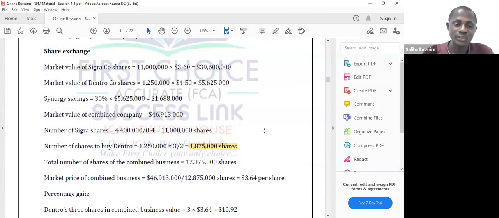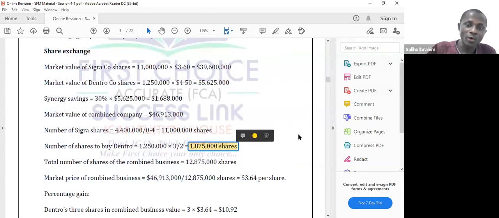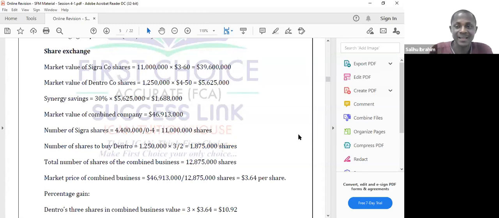Now, after acquisition, what will be the total number of shares? The total number of shares after acquisition should be the summation of the original number of shares of Sigraco, which is 11 million, plus the number of shares we offer to acquire Dentroco, that is 1,875,000.